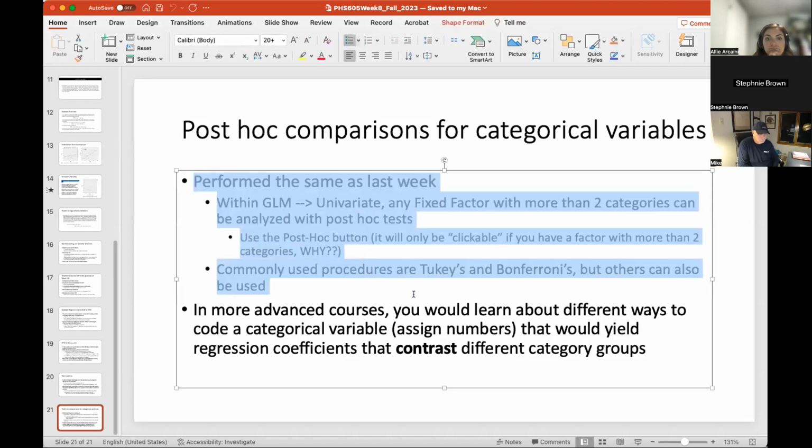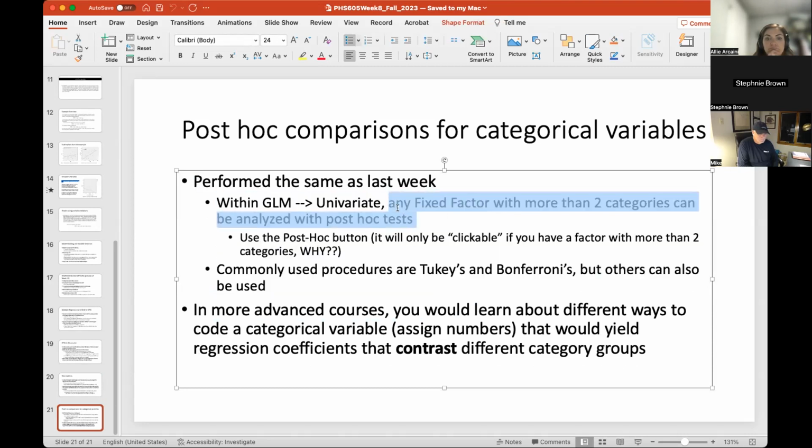Last thing, and you won't have to do this this week. I don't believe you have to do post hoc tests this week, but I think I showed you last week, you can get those anytime you have a categorical variable. There's a post hoc button in the GLM univariate. So if you needed to fit a more advanced model and still wanted to do post hoc tests for your factors, the post hoc tests do adjust for the presence of the other predictors, so they're nice.